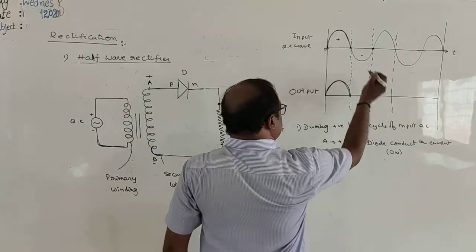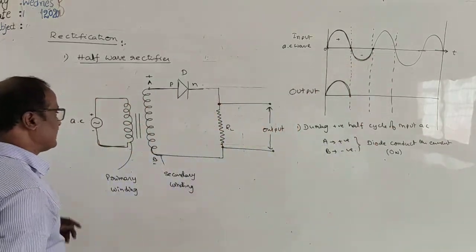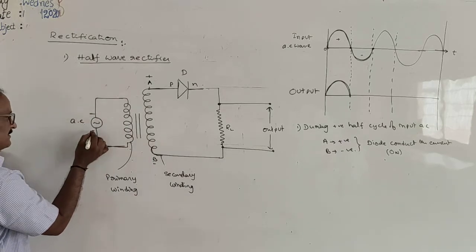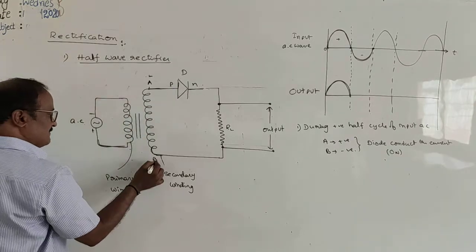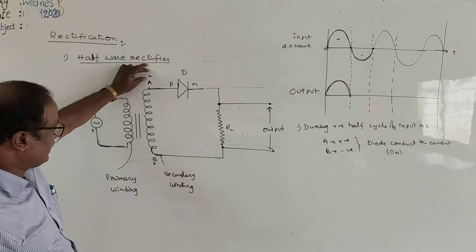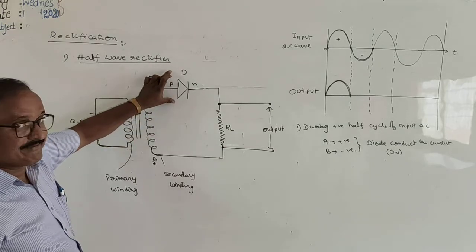Okay. Next, again, during the negative half cycle, on increasing the time, it becomes negative. In the next half cycle, this end becomes negative and this end becomes positive. That means A becomes negative and B becomes positive. A becomes negative means the diode is in reverse bias.